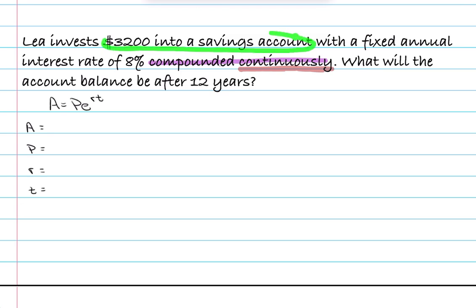So that means I've got $3,200 in our savings account. That's how much we're starting with. So I'm going to put 3,200 as my P with a fixed annual interest rate of 8%. So 8% is my interest rate. Remember, that means that it needs to be in decimal form. So 8% converts to 0.08 when you divide 8 by 100.